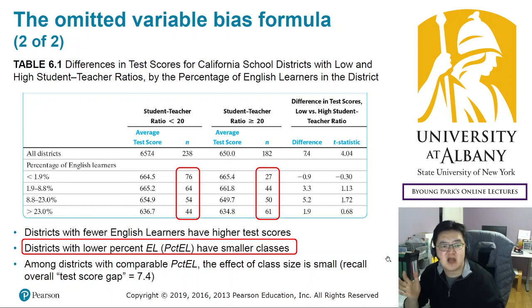So the proportion of large classes increases as the immigrant students increase.